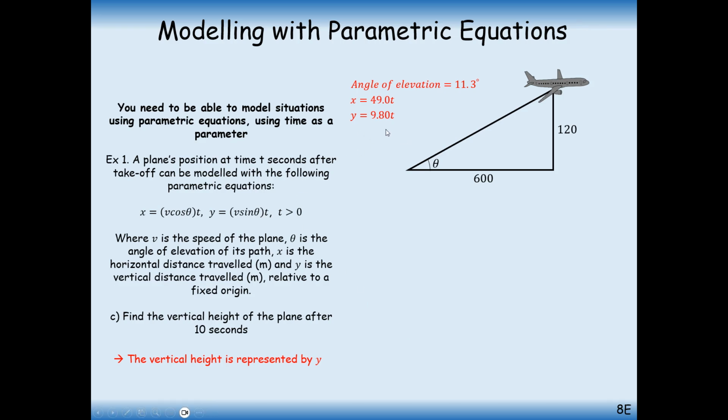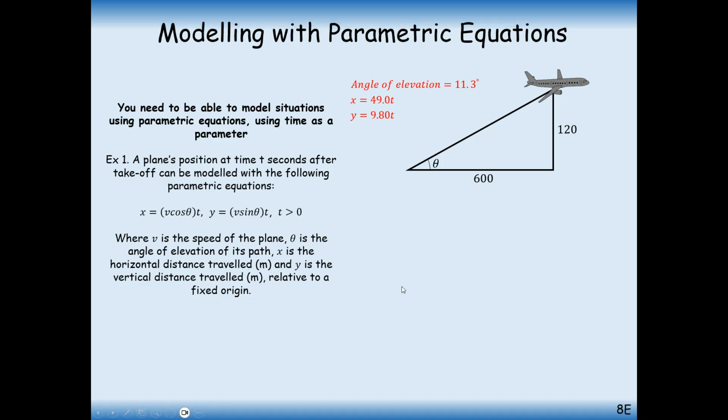We have to just take the y equation here and substitute 10 for t, because the speed, if you remember from the previous part, was given to us in meters per second, so the units are already worked out for us. Multiplying that by 10, we get a height of 98 meters.